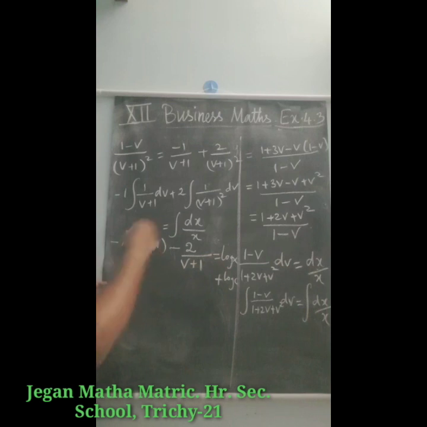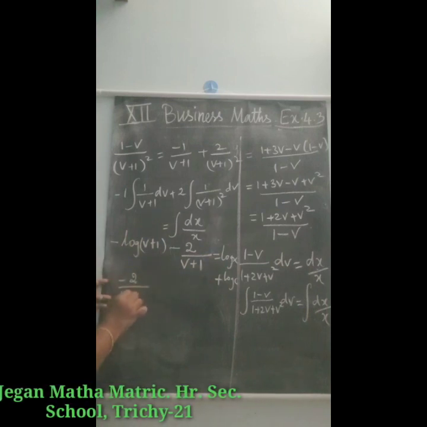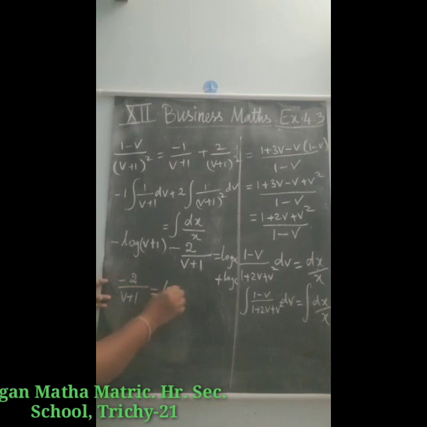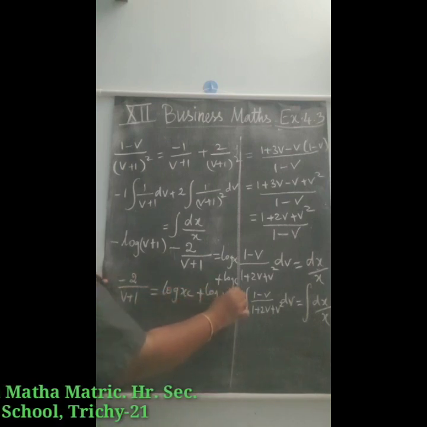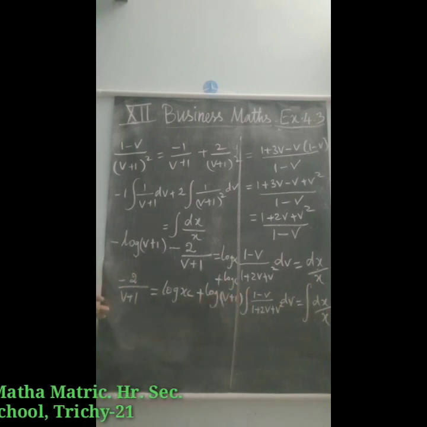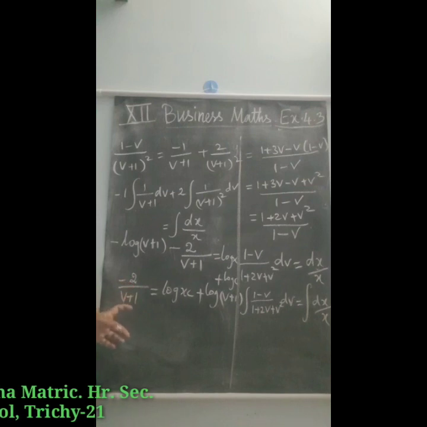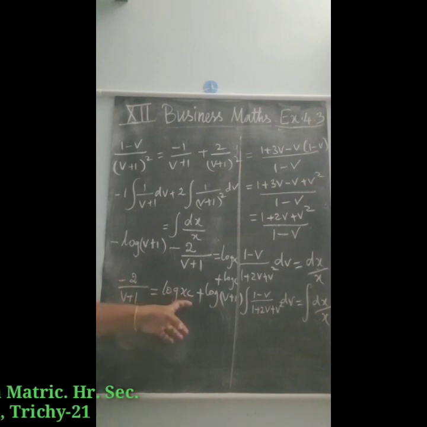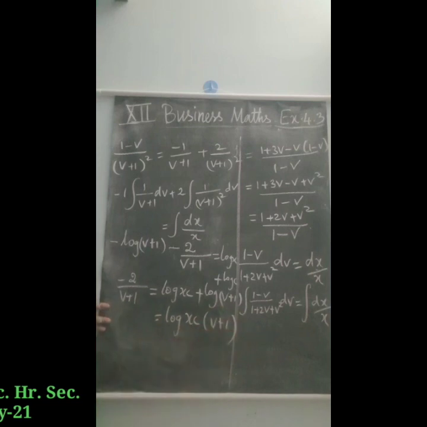This minus goes to that side, we will get minus 2 divided by (V plus 1) is equal to log xc plus log of (V plus 1). And then the next step, minus 2 by (V plus 1) is equal to log xc into, this is also in the plus, so we have to consider it as log of xc into (V plus 1).